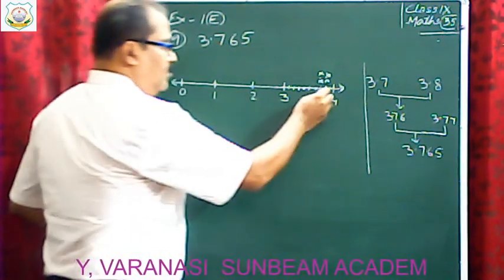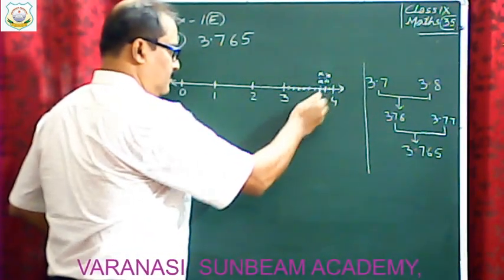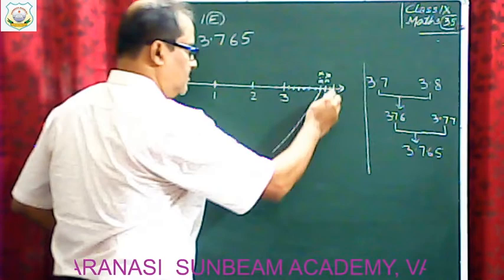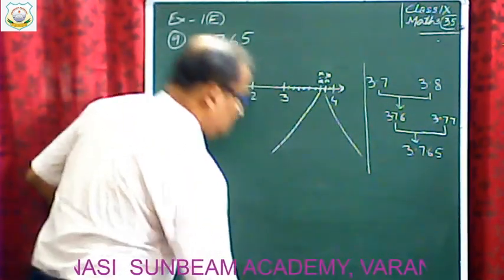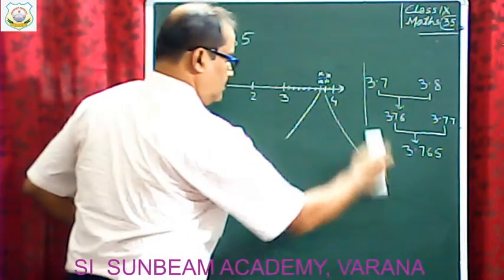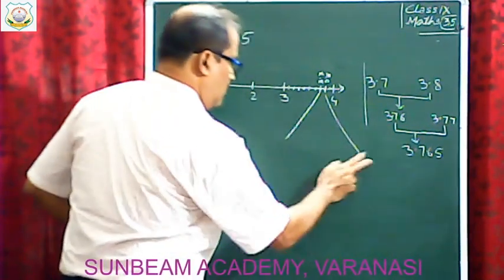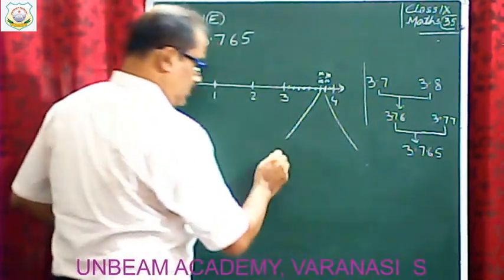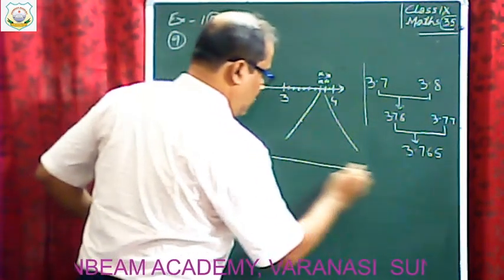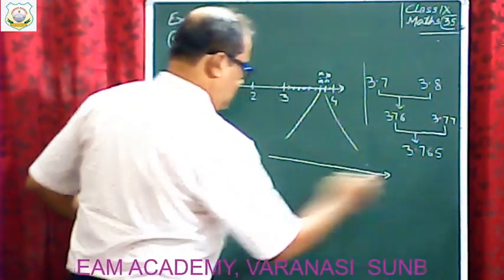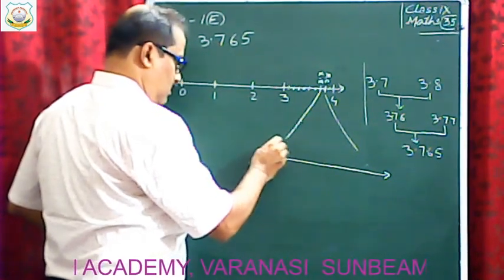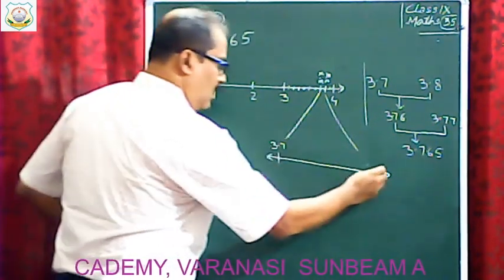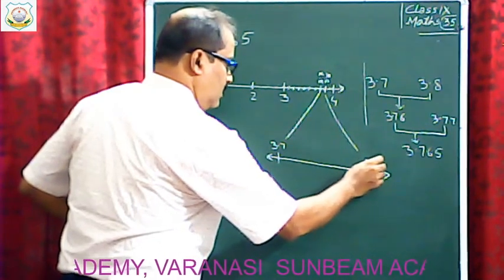Now thereafter we have to magnify this. Then you have to draw a number line, part of number line, in which you have to write 3.7 and 3.8.